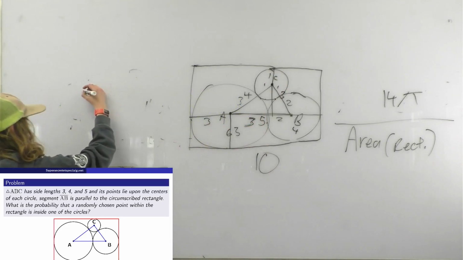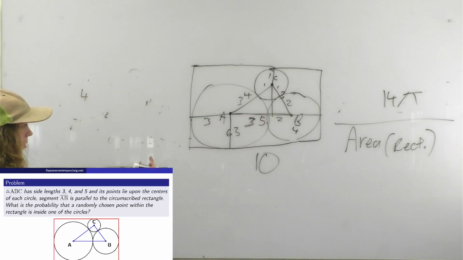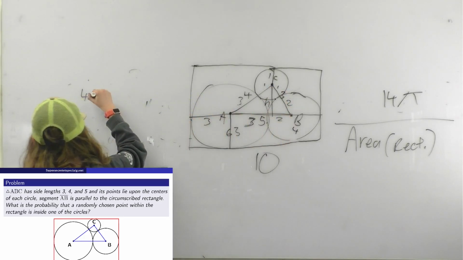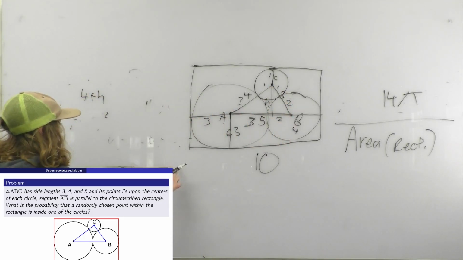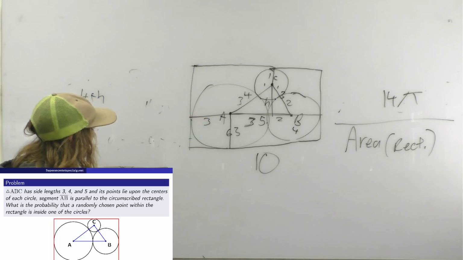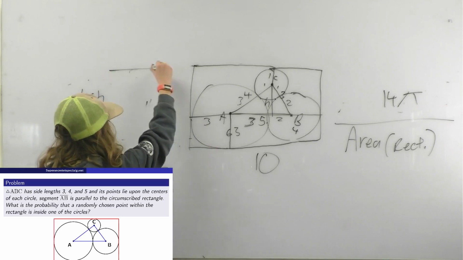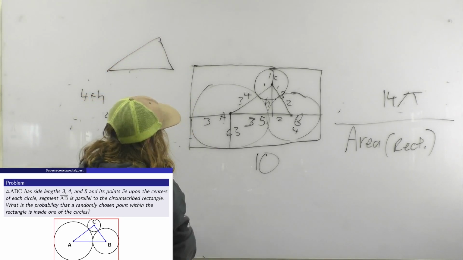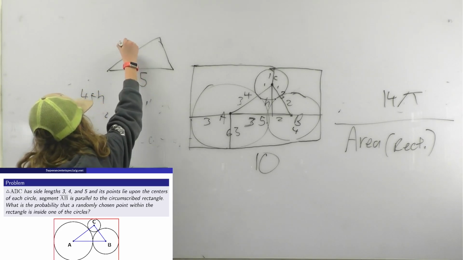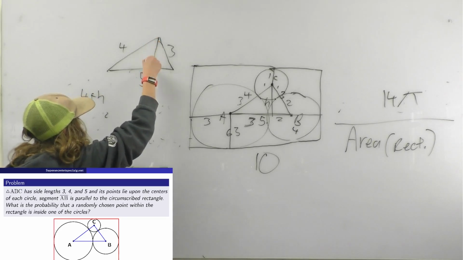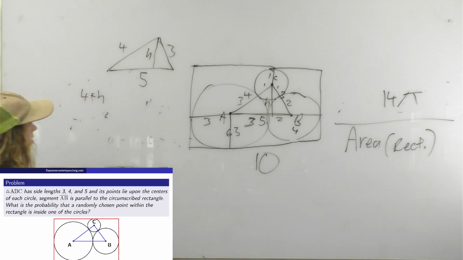So we're going to have 1 plus 3, or just 4, plus h. We'll just call this h. Let me just draw this triangle here, since it's getting a bit crowded. Looks like that. So we have 3, 4, 5, and then we have h right here, which we're trying to find.